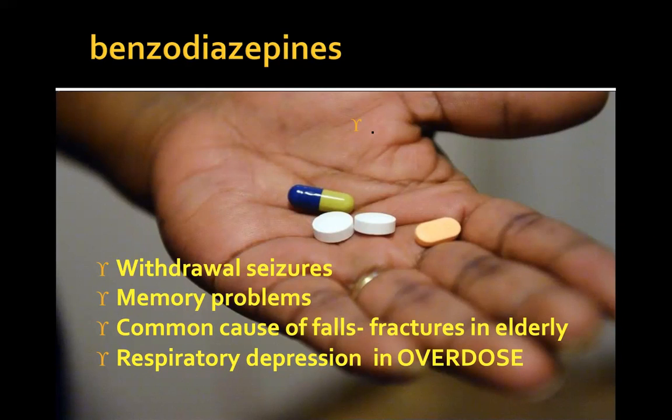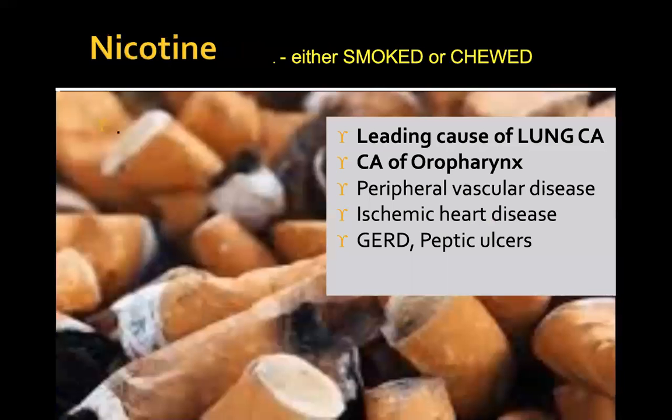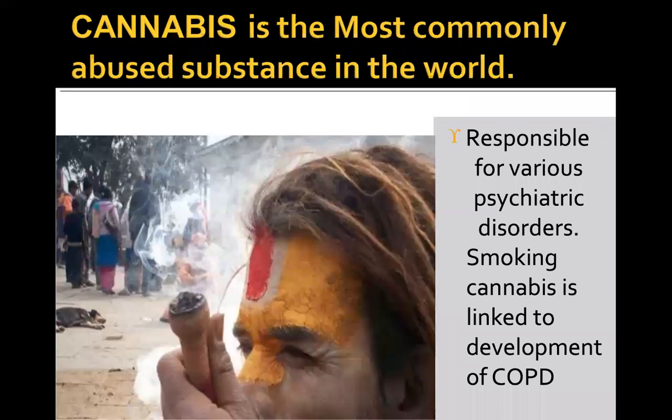When they are on benzodiazepines: withdrawal seizures, memory problems, a common cause of falls and fractures in the elderly. They also cause respiratory depression in overdose. Nicotine, smoked or chewed: leading cause of lung cancer, cancer of the oropharynx, peripheral vascular disease, ischemic heart disease, GERD, peptic ulcer. These may be caused by nicotine.